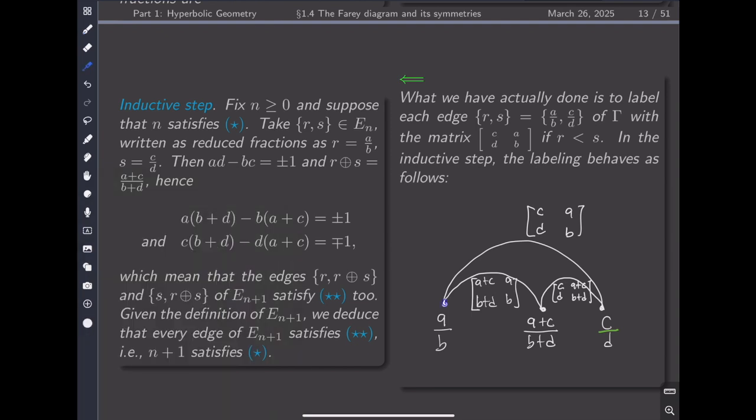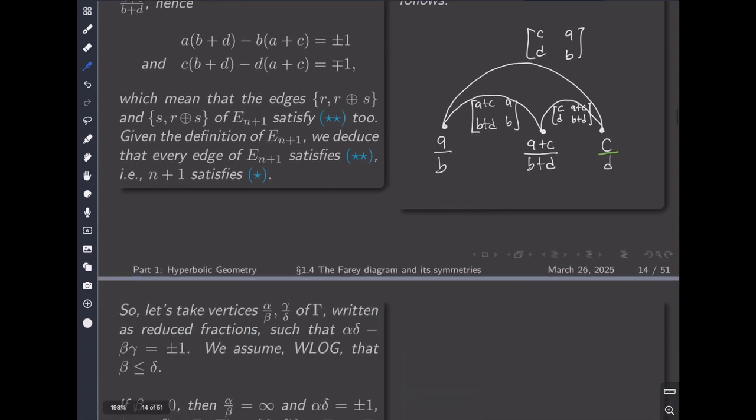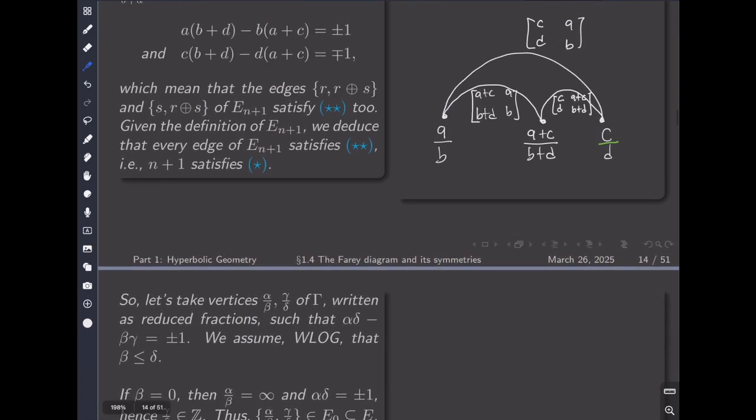We investigated how this labeling function works in the inductive step, and we saw that for this new edge the labeling is this one, and similarly with this one, by definition.